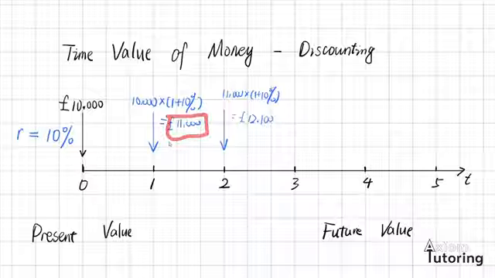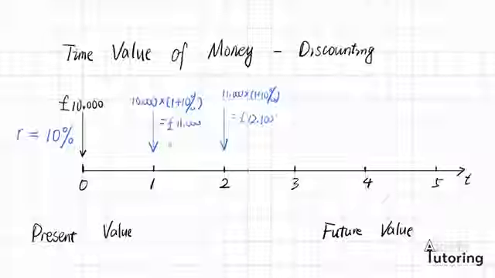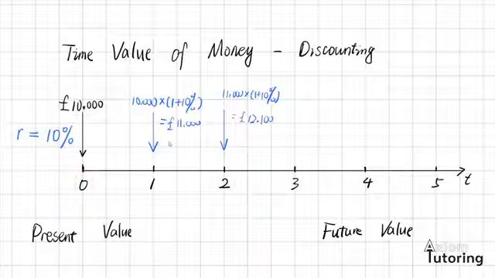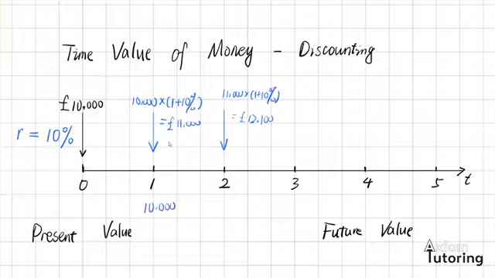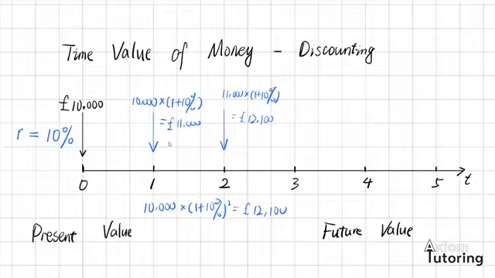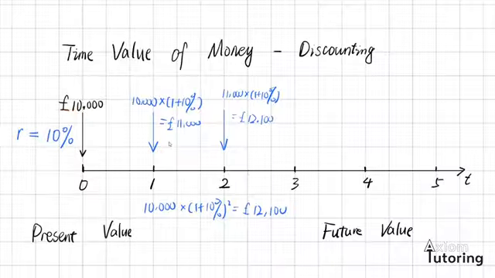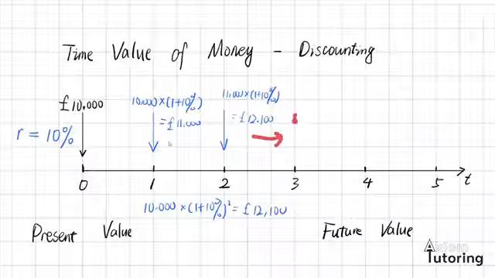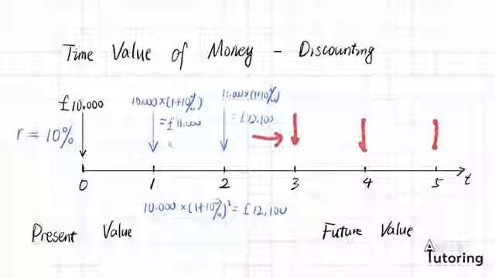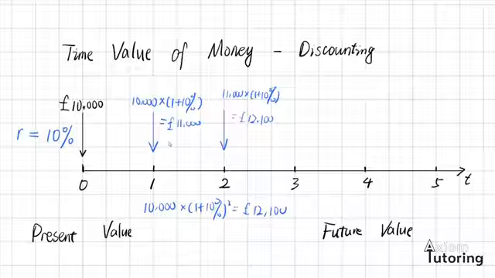That's compound interest. We can also go from year 0 to year 2 by simply writing 10,000 times 1 plus 10% to the power of 2, which gives us 12,100, the same result. We're assuming a constant interest rate throughout the years. If I save it for another year, to year 3, or 2 more years, to year 4, to year 5, the calculations are very similar, and you get the idea.